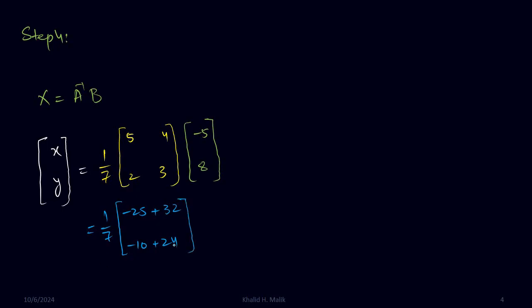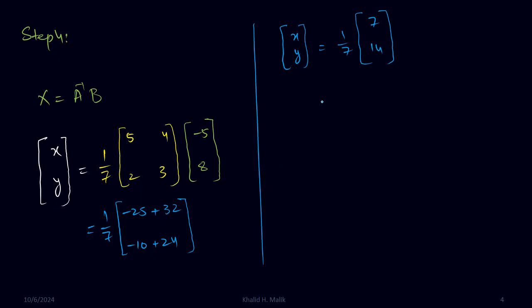So we can write it as, xy is equal to 1 over 7 times minus 25 plus 32, which becomes 7, and minus 10 plus 24, which becomes 14.